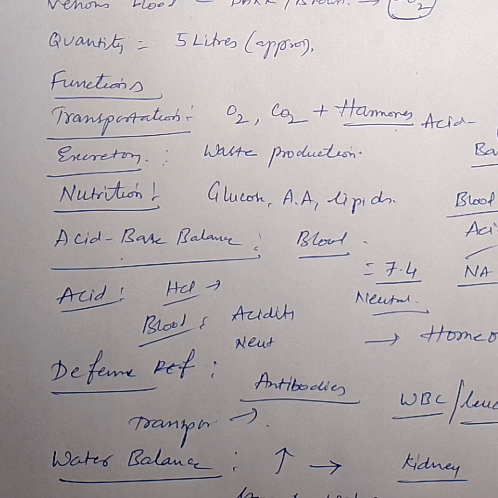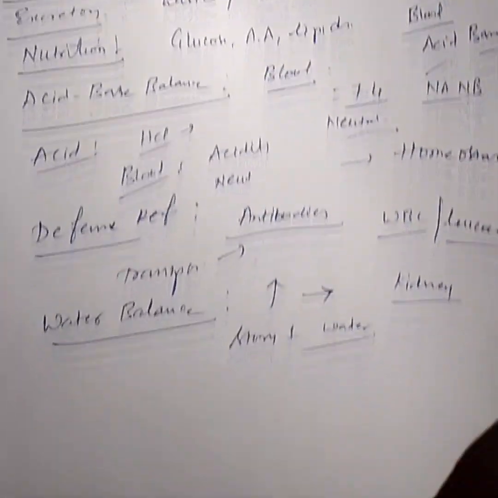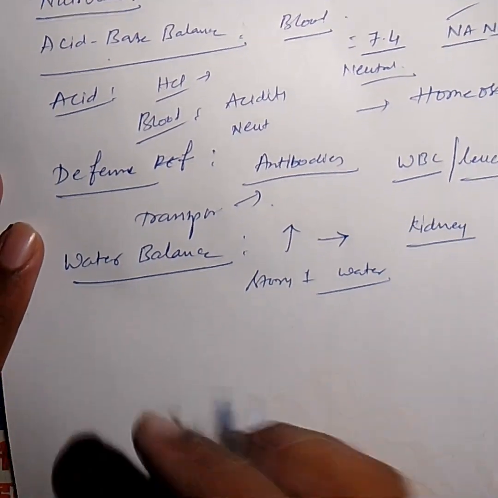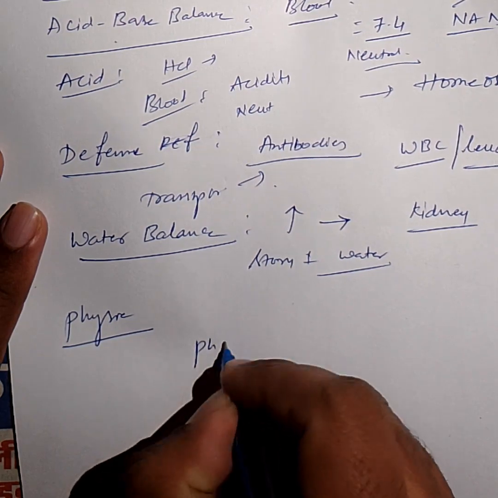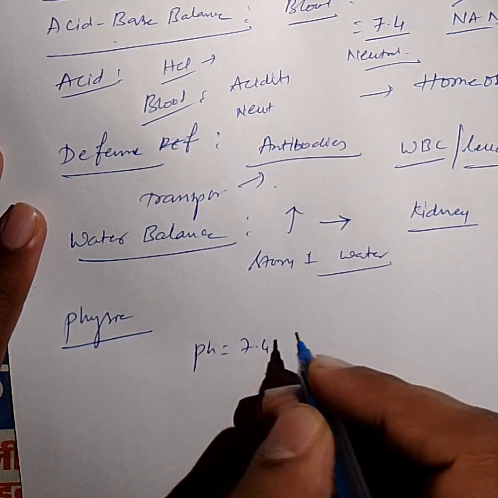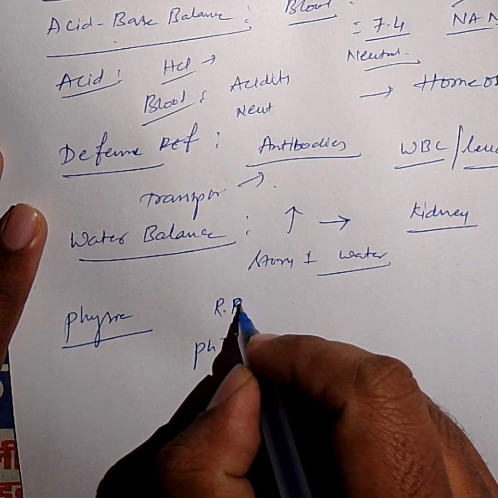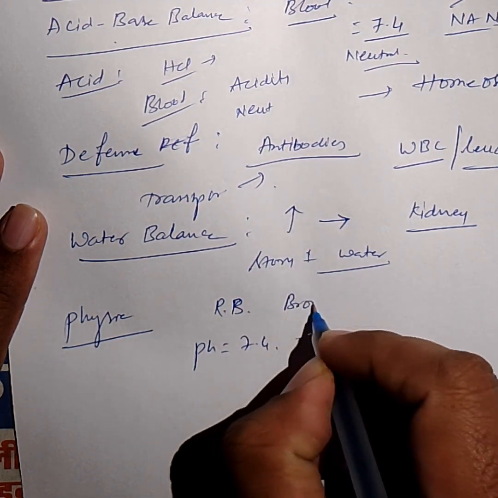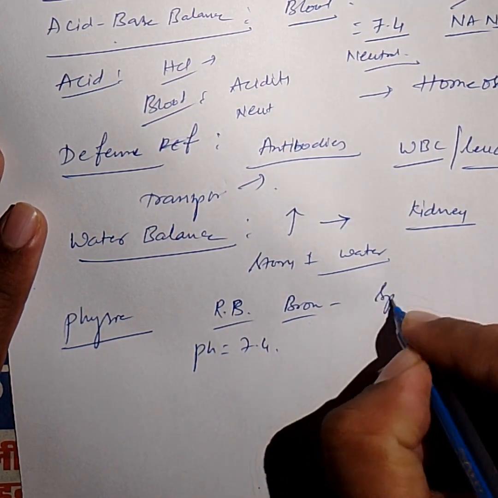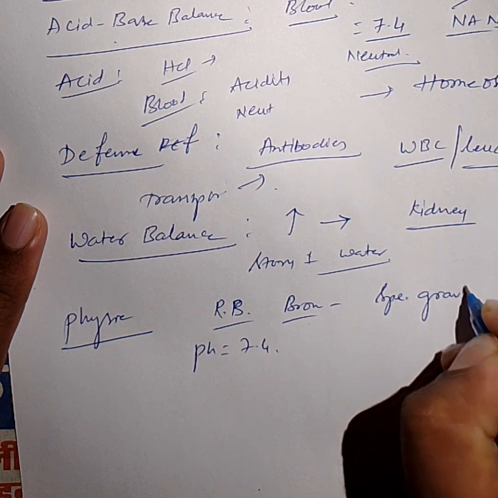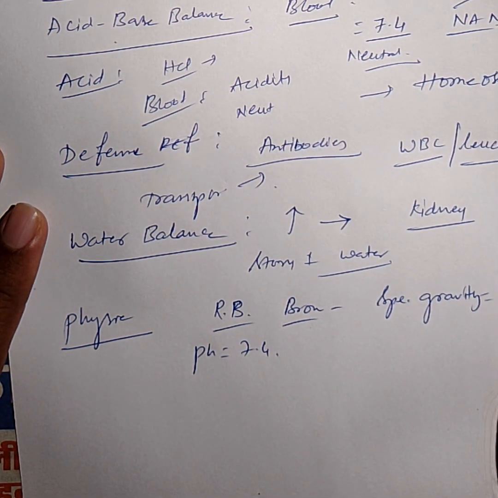And coming to the physical properties of blood, how the blood appears. The pH is 7.4 as discussed earlier, and the color is bright red, and brown for the venous blood, as we already discussed. Coming to the specific gravity, the specific gravity of the blood is 1.035 to 1.065.